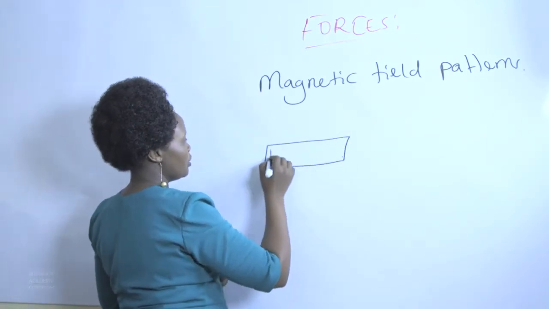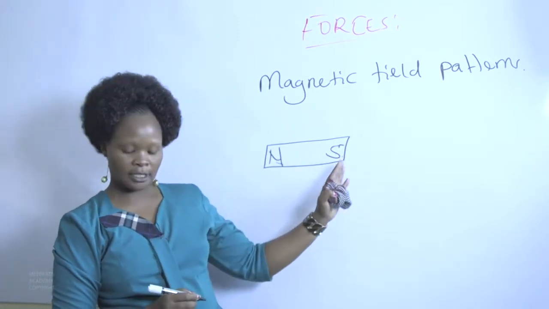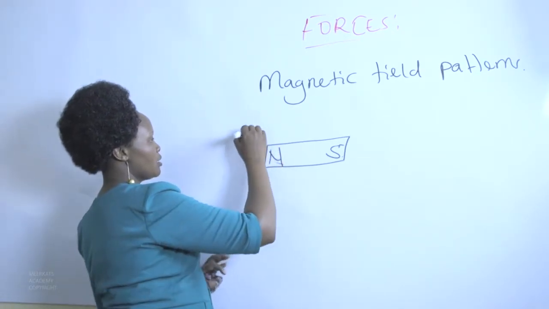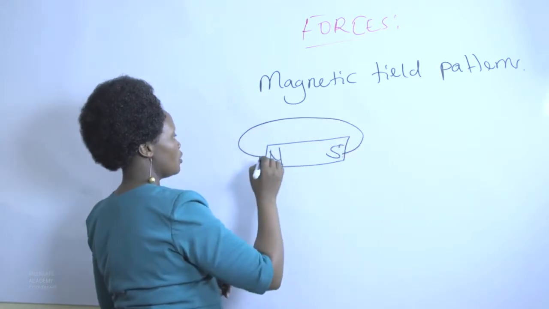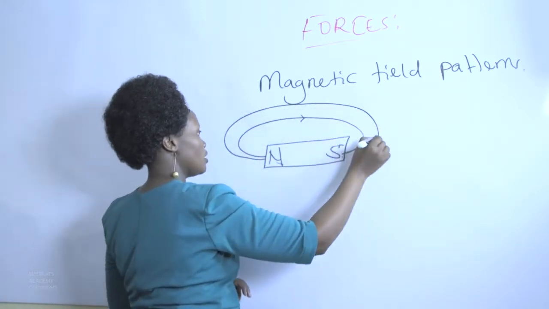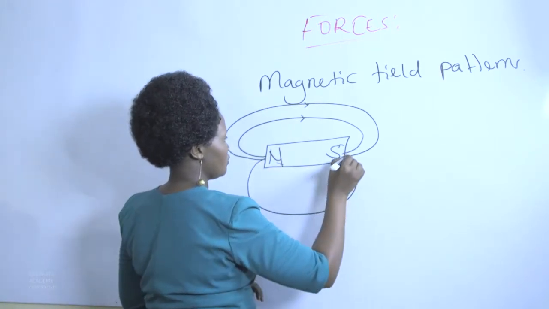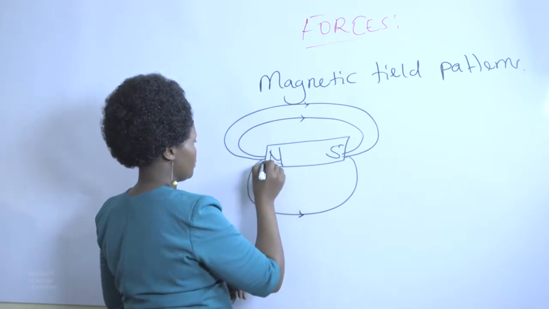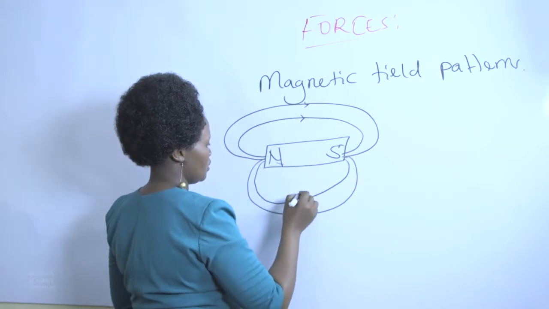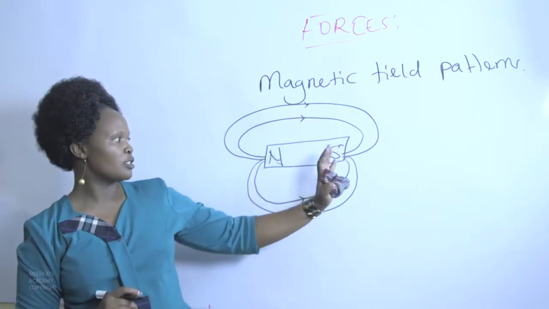Again, remember, we said we have two poles. We have the north and the south pole. We said that these lines originate from the north and to the south pole, like that. They are actually originating from the north to the south pole.